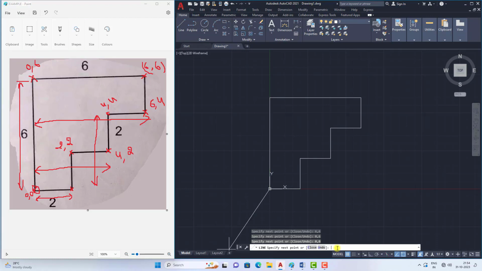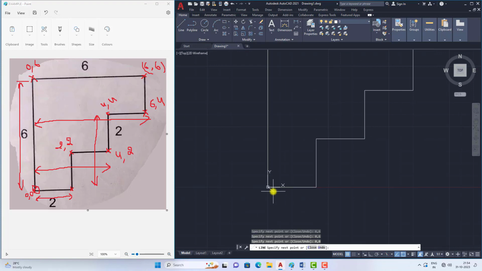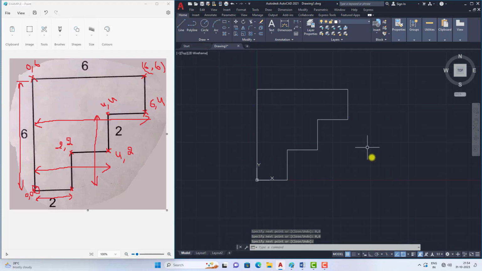See, this is the diagram. By using the absolute coordinate system, we need to calculate these coordinate values with reference to this origin point only. So like that you need to give x and y coordinate values so that the point gets to the exact coordinate values.